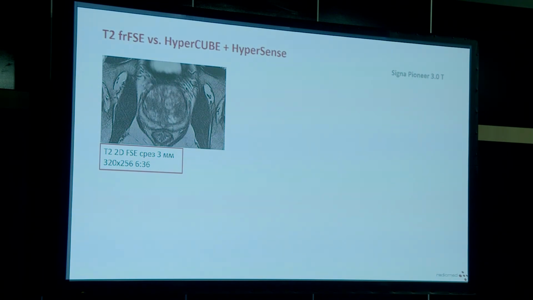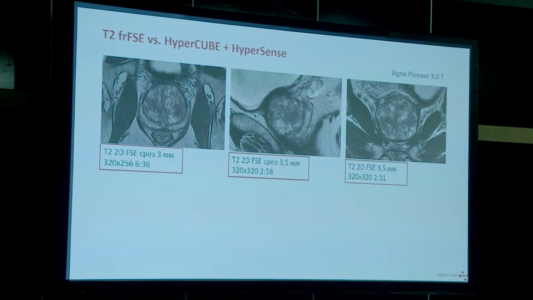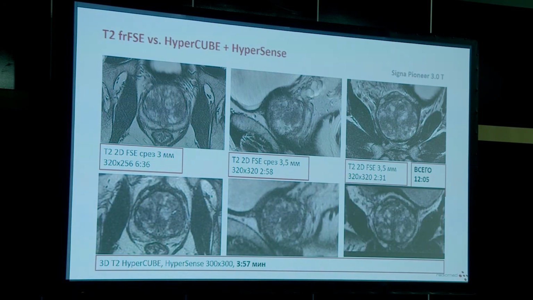I've put in another case. That's again a prostate, and what we normally did up to now was we acquired every plane in T2 weighted with a separate FSE sequence, and this sums up to a total scan time of 12 minutes, and with the new capabilities of using compressed sensing and combining it with 2D spatially selective excited 3D FSE sequence.